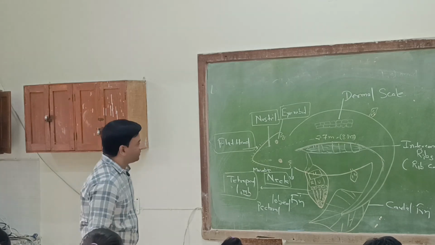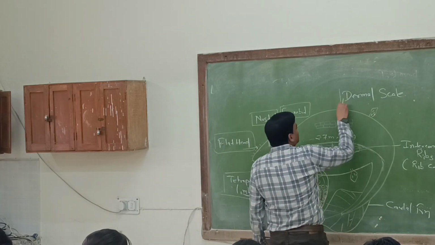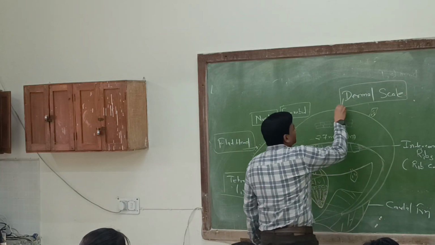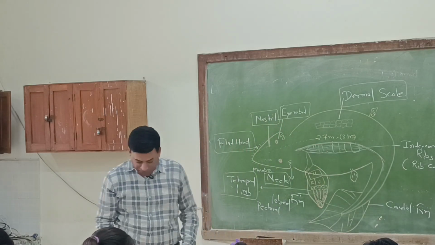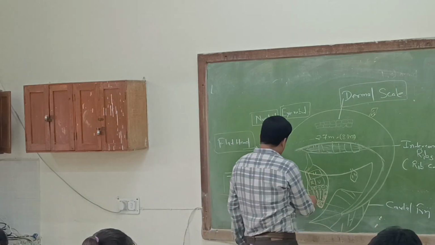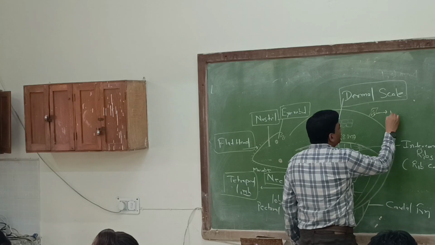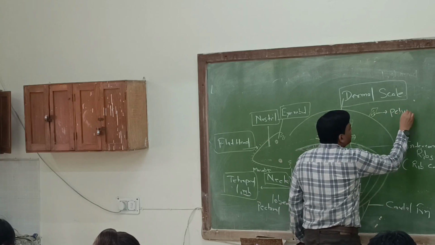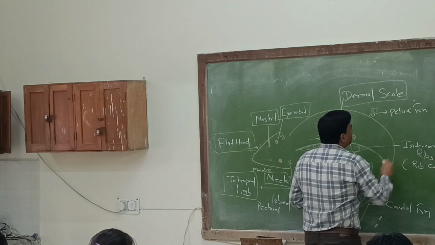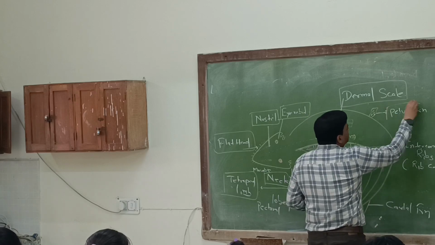But then this dermal scale shows that this has a fish character. Then this is a pectoral fin, this is a pelvic fin. Presence of the pelvic fin confirms that it is a fish.